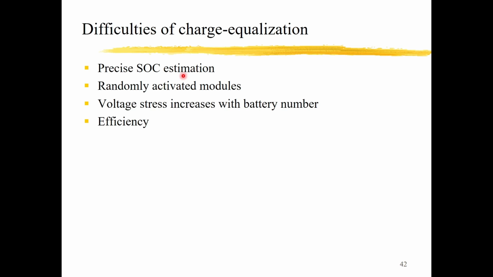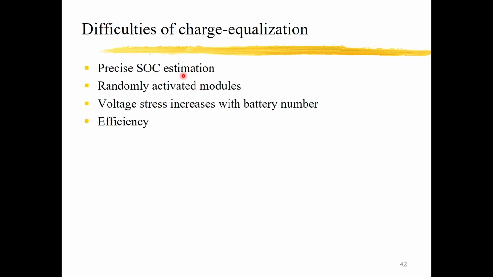How short? Only 1 year. After 1 year, the battery pack becomes unusable. Why? That is because the charge equalization failed. Not the cells failed, but the pack failed.